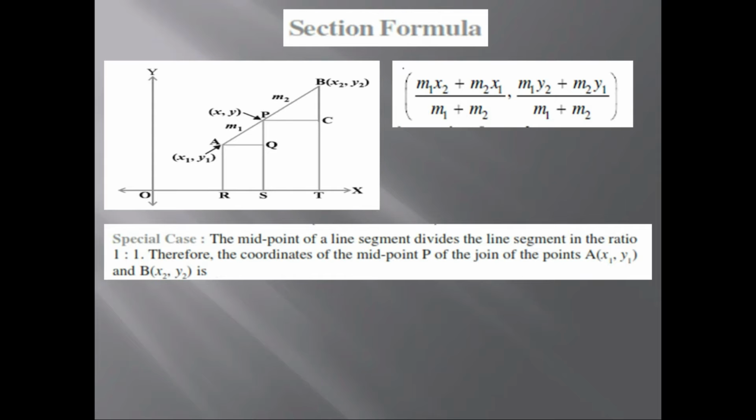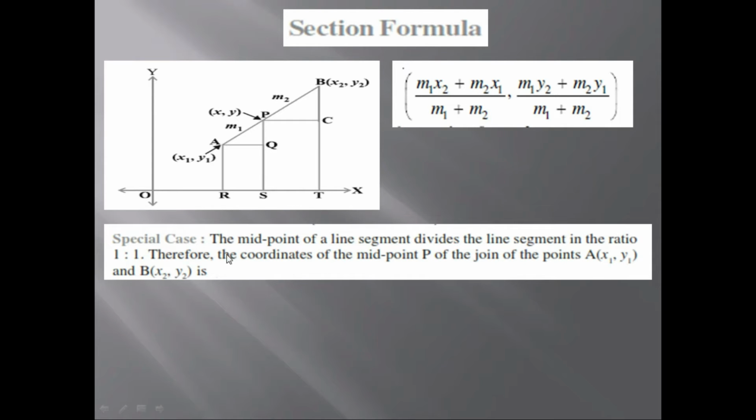Suppose m1 and m2 are in the ratio 1:1, that is, the value of m1 and m2 is equal to 1. In this special case, where m1 and m2 both are equal to 1, this will become x2, this will become x1, and upon 1 plus 1, which is 2, so it will become x2 plus x1 upon 2 and y2 plus y1 upon 2.